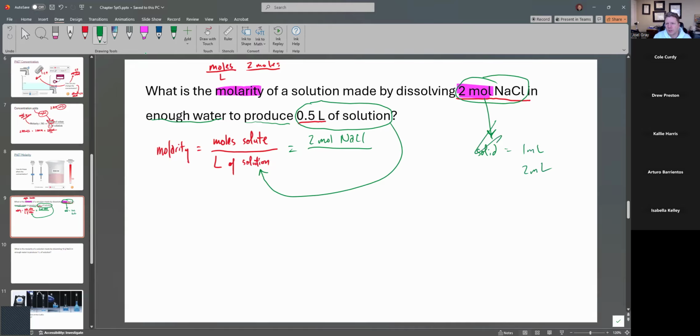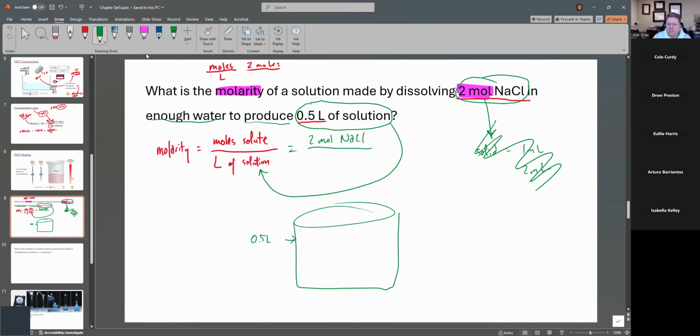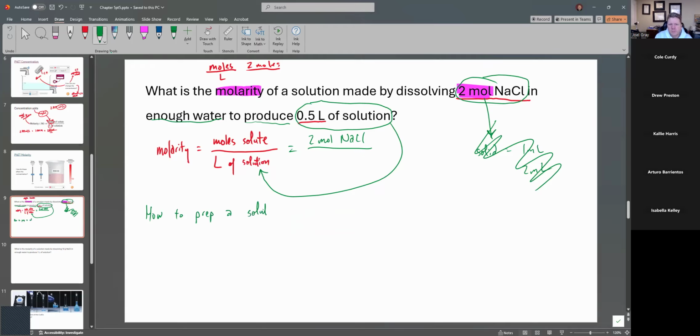And we don't need to know really. Because what we're saying is, this is the way that you make a solution. This is going to be a very strange shaped beaker. The total volume here is 0.5 liters. Actually, I'm going to erase this and give you two different options. And I'm going to ask you the question, how to prep a solution.